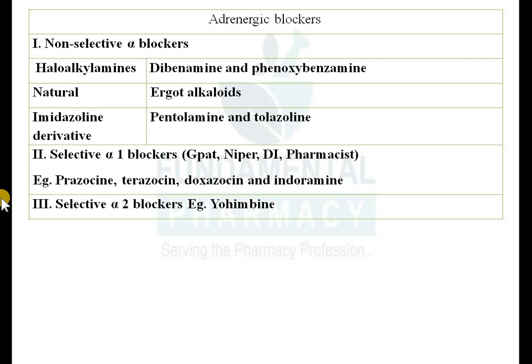So, the stimulatory receptors act by increasing phospholipase C activity. They increase phospholipase C and increase the intracellular secondary messengers, that is diacylglycerol and inositol 3 phosphate.